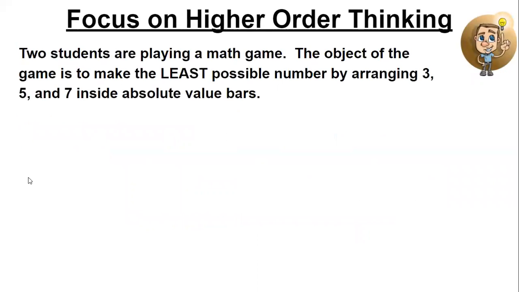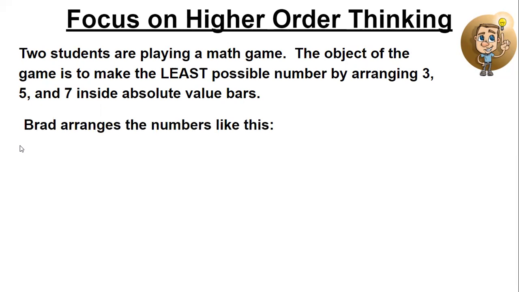Okay, let's see what the next one is. Two students are playing a math game. The object of the game is to make the least possible number by arranging 3, 5, and 7 inside absolute value bars. The least possible number. So Brad arranges the numbers like this. He put the 7 first, the 5 next, and then he put 3, and he put a negative sign there.